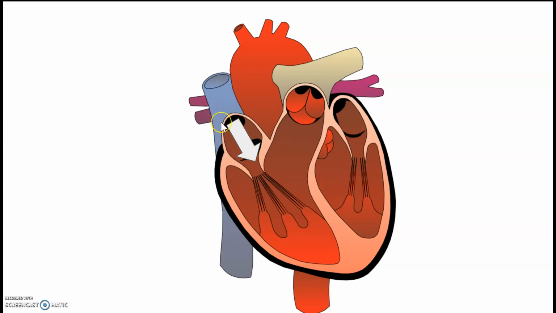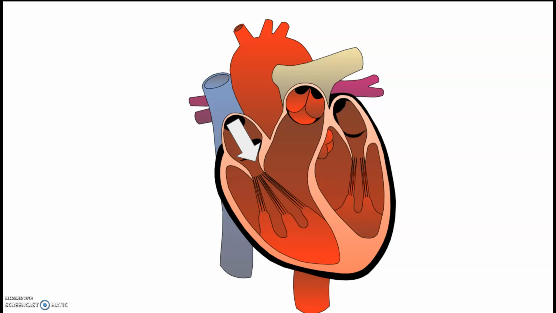At this point, all of that blood has been around the body, so we consider it to be very low in oxygen. As it's coming into the right side of the heart, it is often drawn a little bit blue, lower oxygen levels. Its next job is going to be to go around the lungs and pick up some oxygen.